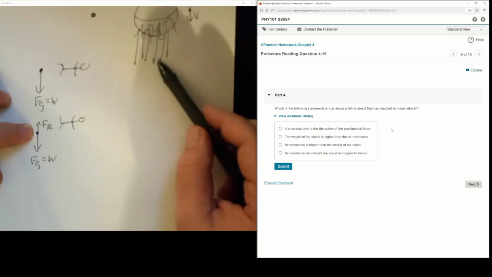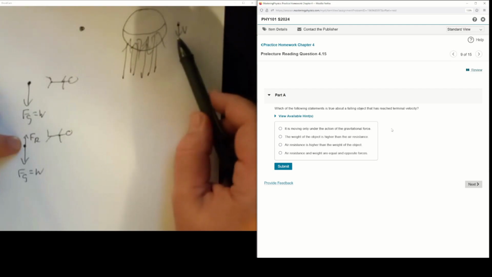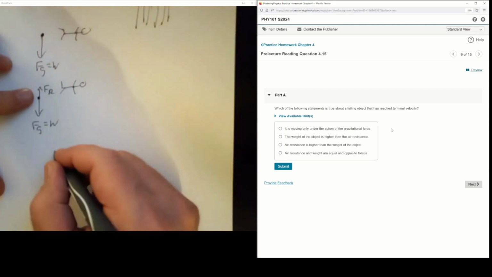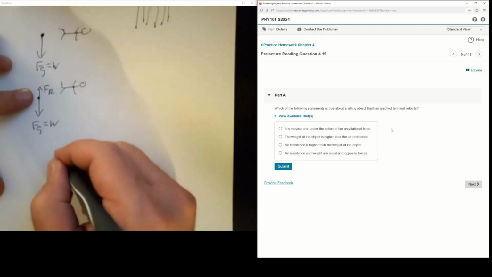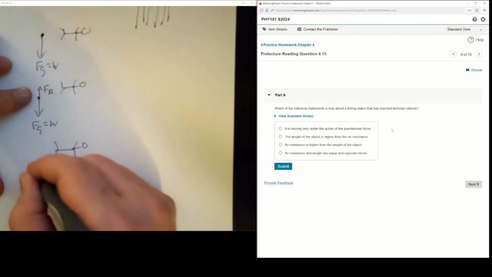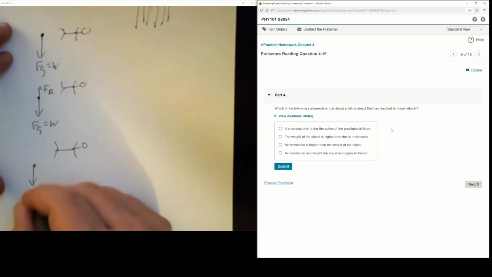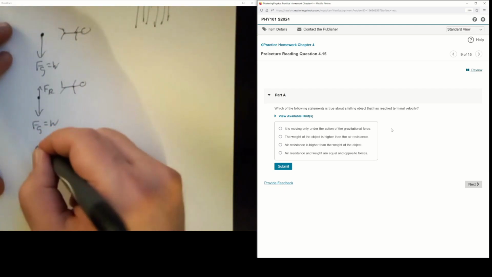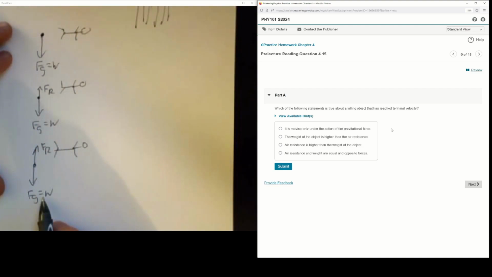And air resistance is also dependent upon how fast something is moving. So as you go faster and faster, the air resistance increases until you get to a point where it exactly equals the force of gravity, where it exactly equals your weight.